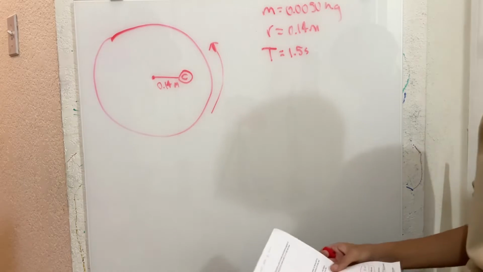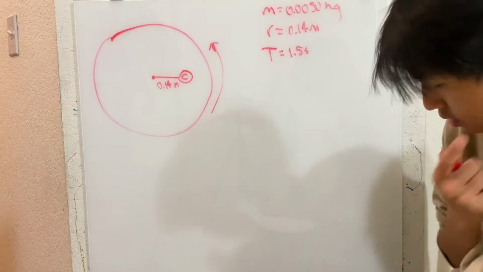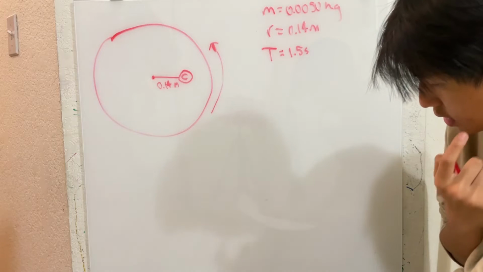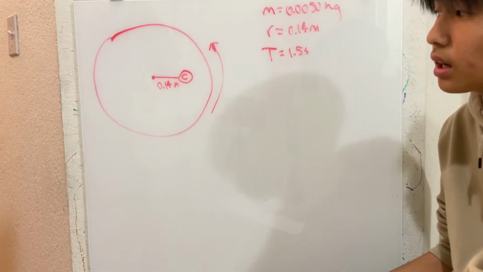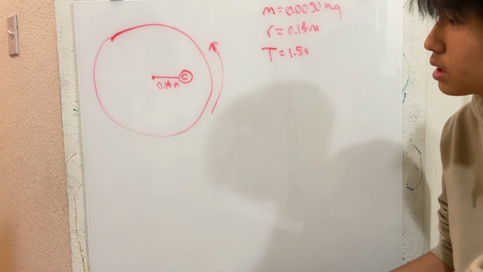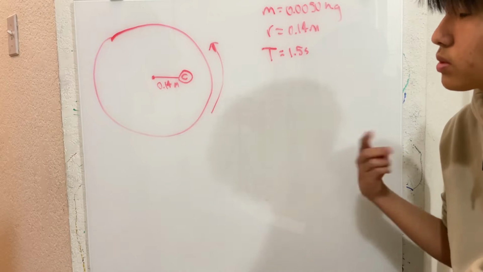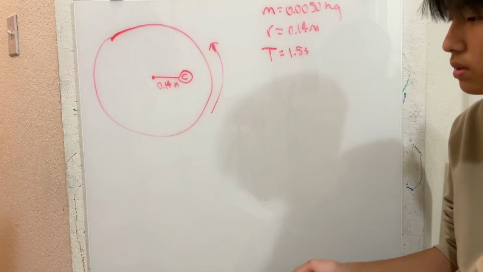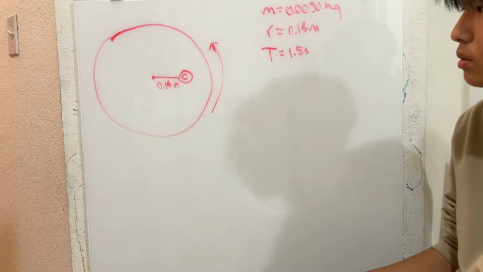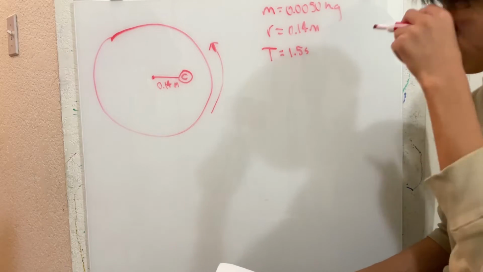Well, since the object is moving in a circle and it's not slipping, there is some sort of force pulling the coin in towards the center of the circle, and that can be referred to as the centripetal acceleration.